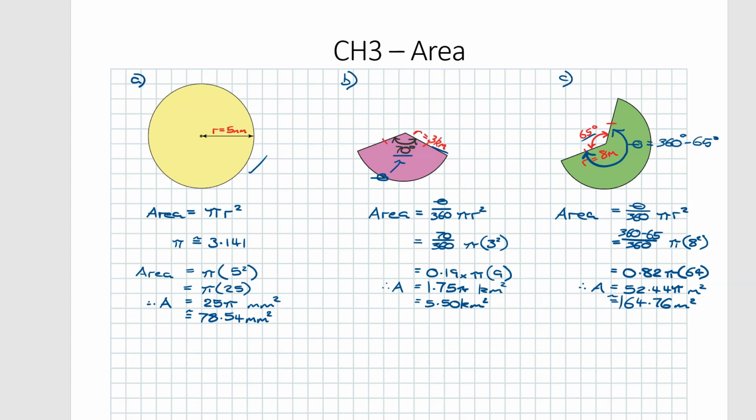Then it's shown us how to calculate the area of part of a circle where we're told the angle of the solid part of the circle. And then we've seen how to calculate the area of a circle where the defined angle is the missing part of the circle.